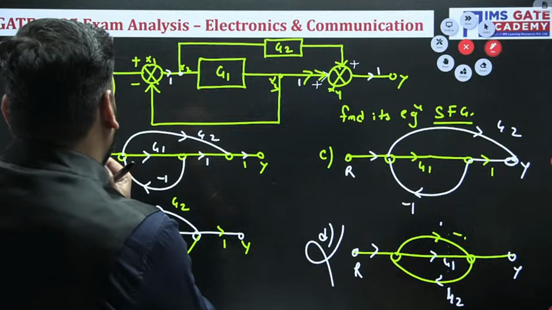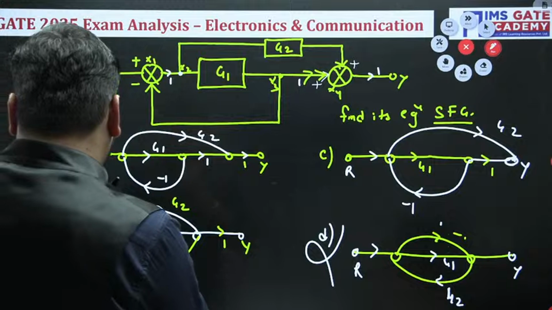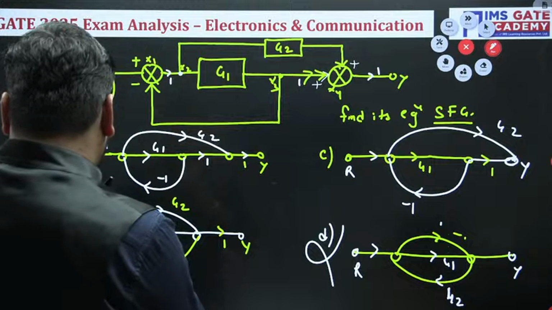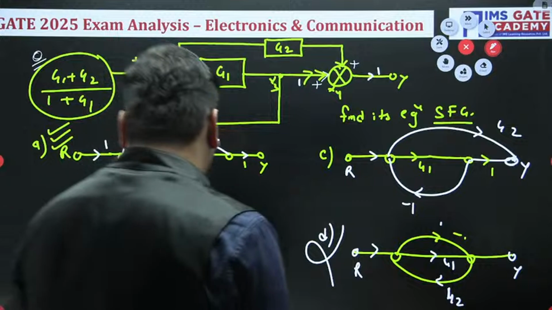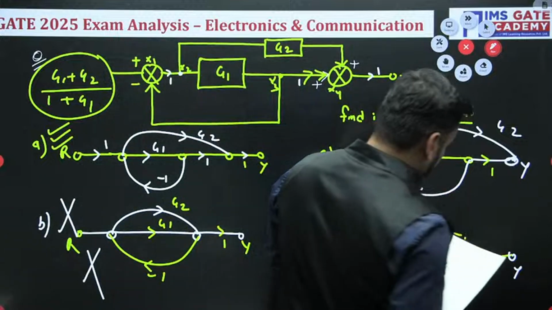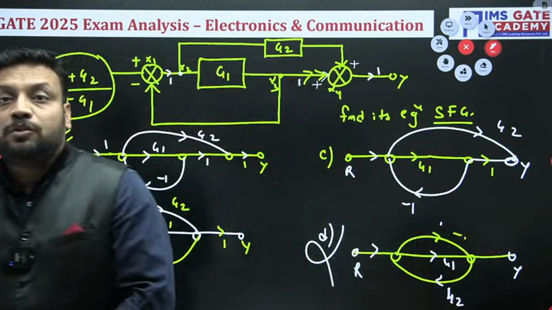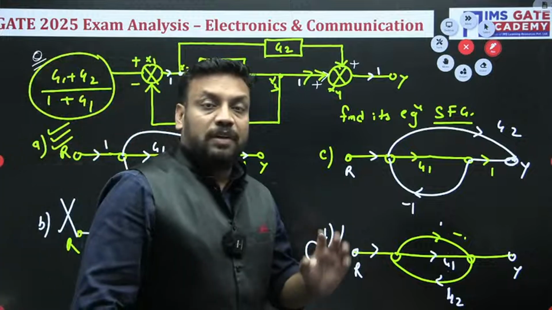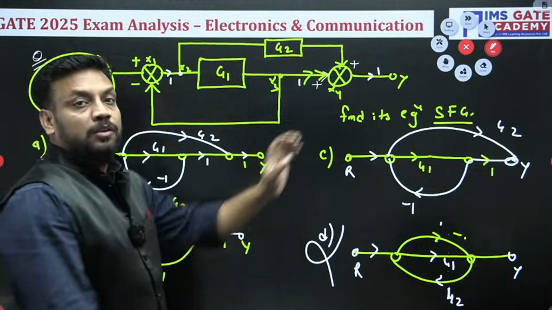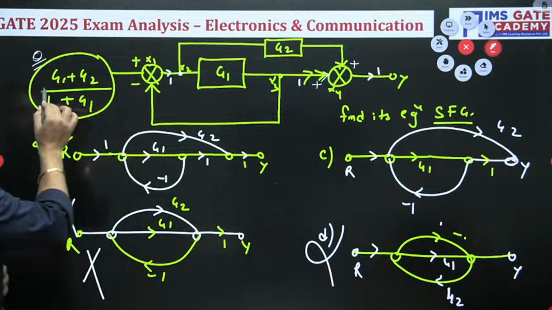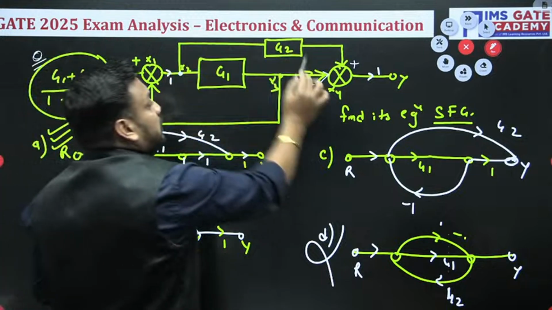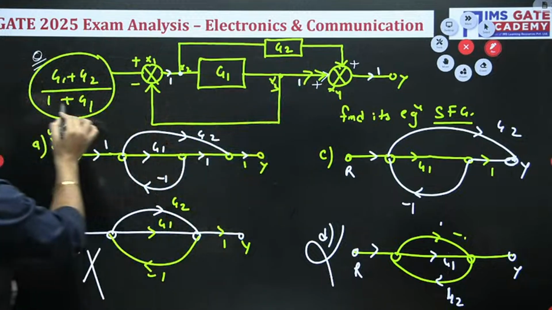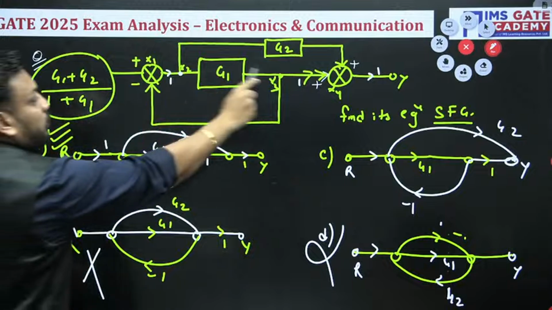Then options A and C will be the same only, I think. Then it is an MCQ question. It depends on which options are actually present. If it was MSQ, then again I am telling you all the options must satisfy only two forward paths, that is G1 and G2, and only one loop gain, that is minus G1.